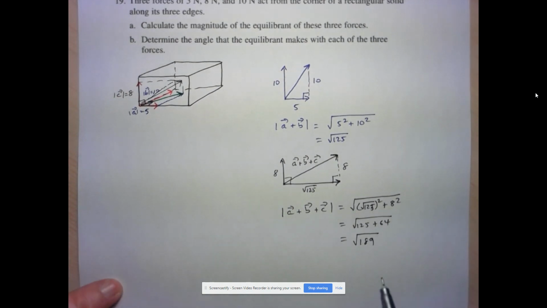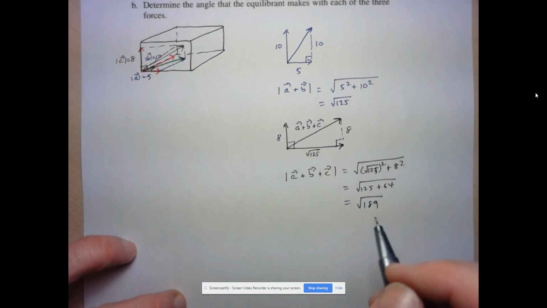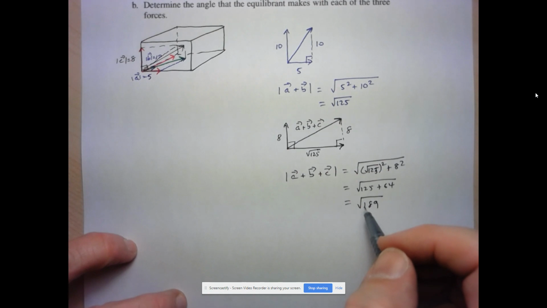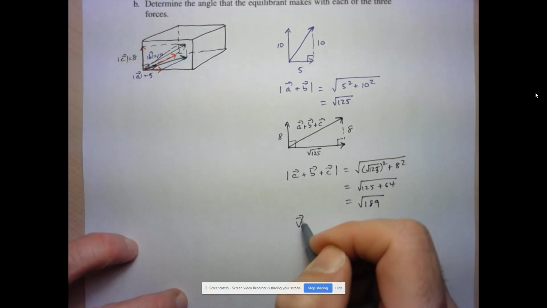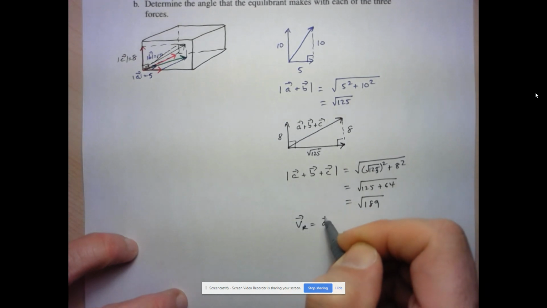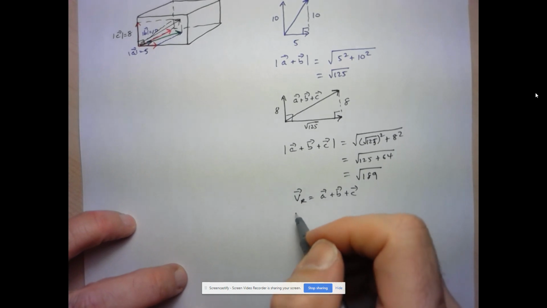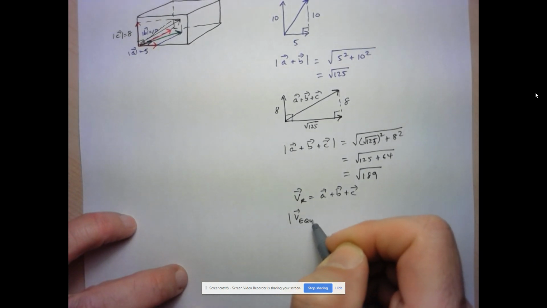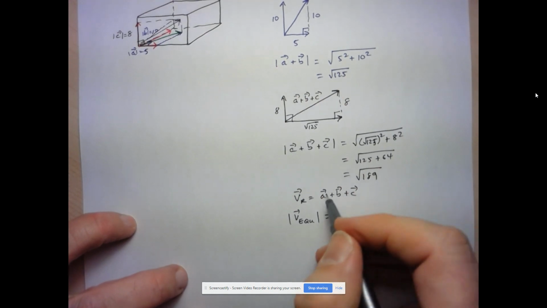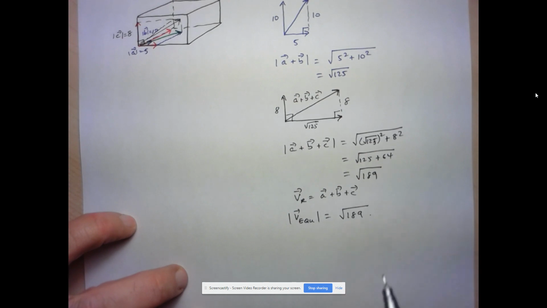Since this is the magnitude of the resultant vector, if we call the resultant vector A plus B plus C, the magnitude of the equilibrant vector is going to be the same as the magnitude of the resultant vector, so just the square root of 189.